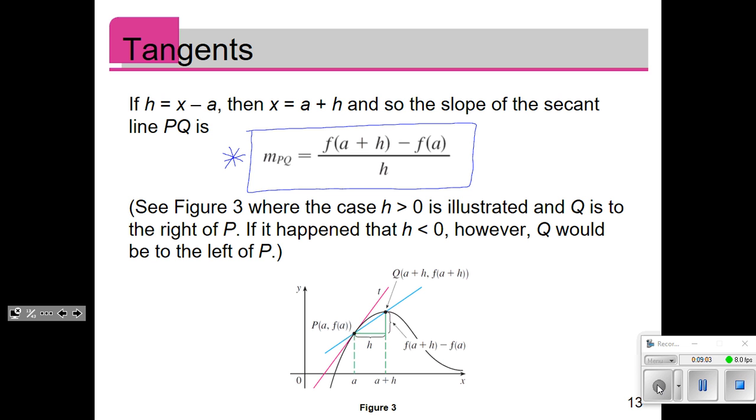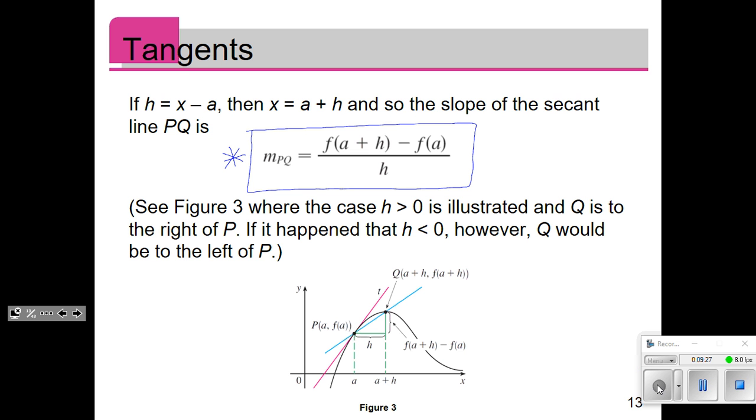Essentially, h is the difference between the starting point and the ending point of where we were going, from point Q to point P. x was our x value for point Q, and a was the end point, point P, that we were looking for. So h is the difference between the x and the a point. That's what they're getting at.